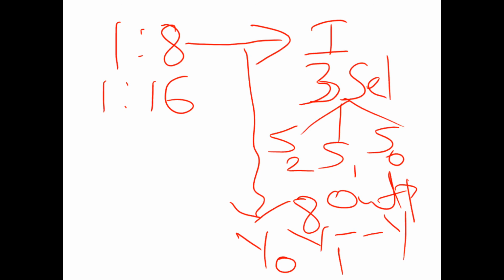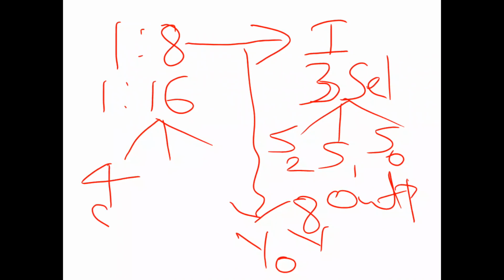And for 1 by 16, we will have 4 select lines, 16 output lines, and a single input line.